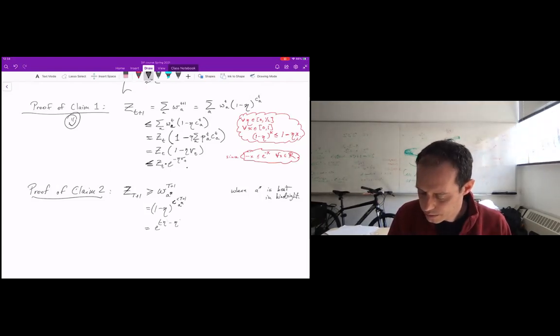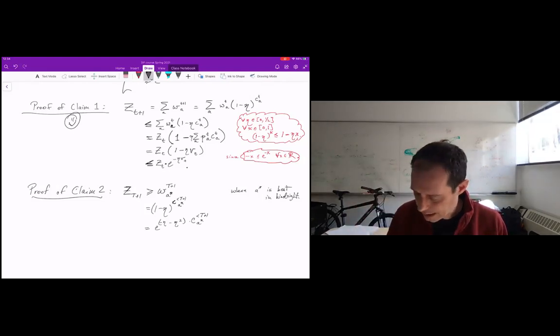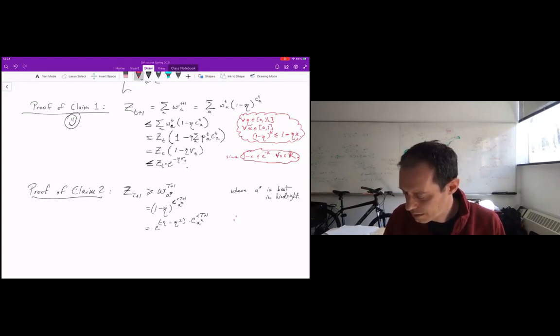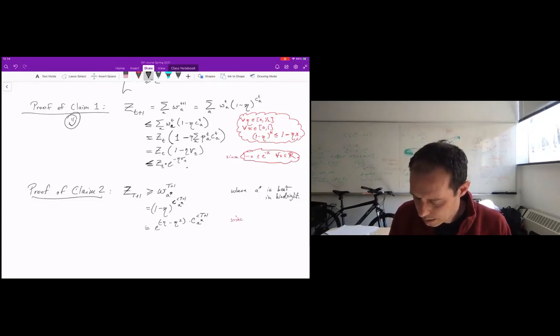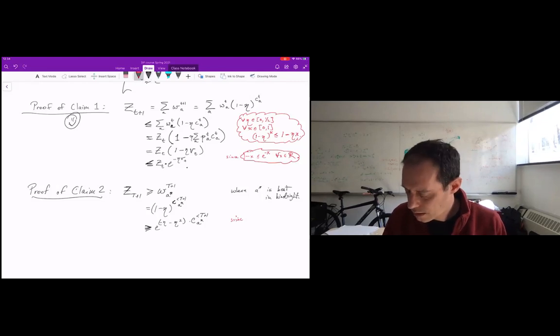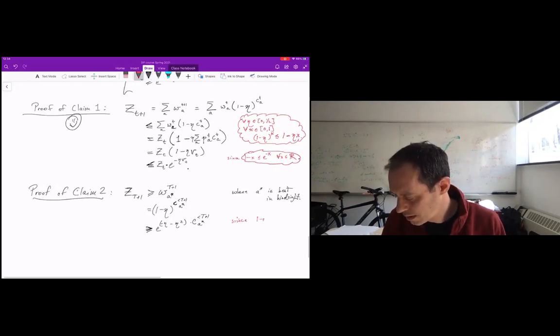So this is at least e to the minus eta squared times the cost over all time of A star. Again, this is just a simple inequality about exponentials, since, sorry, this should be greater or equal to. So 1 minus eta is at least e to the minus eta squared for eta less than a half.